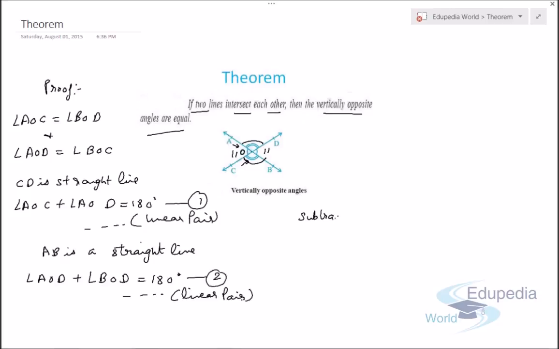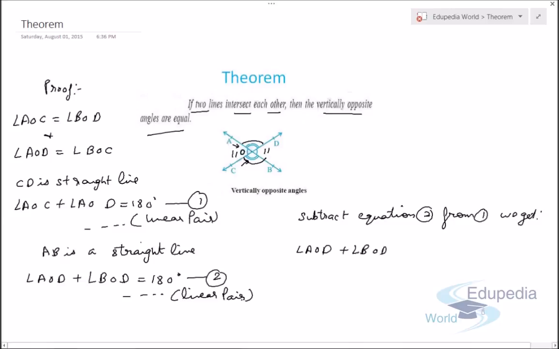So if we subtract equation 1 from equation 2, we get angle AOD plus angle BOD minus angle AOC plus angle AOD will be equal to 180 minus 180.